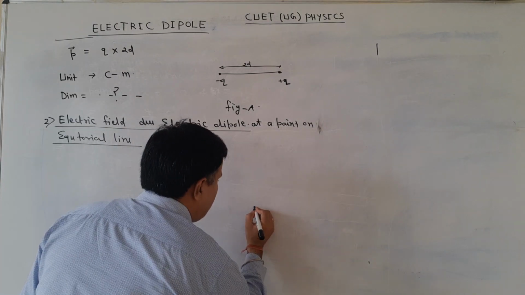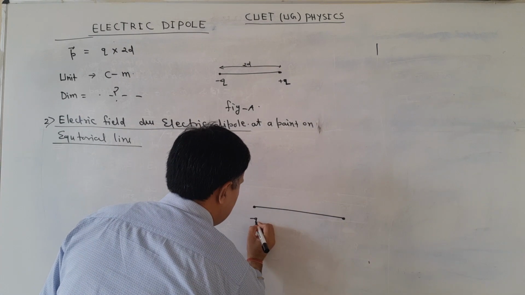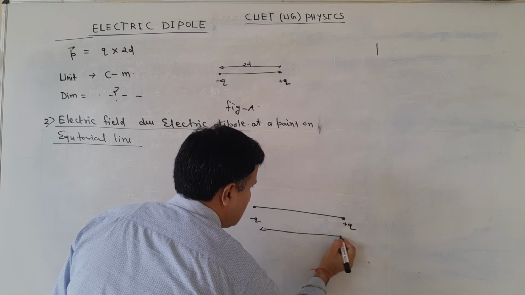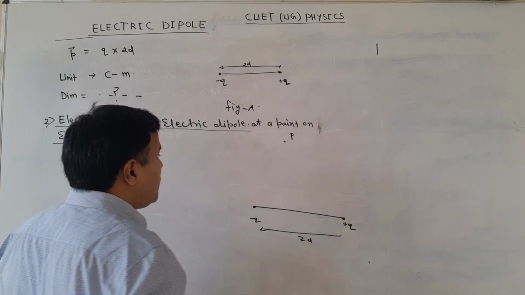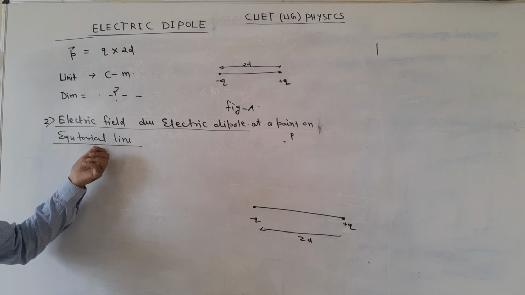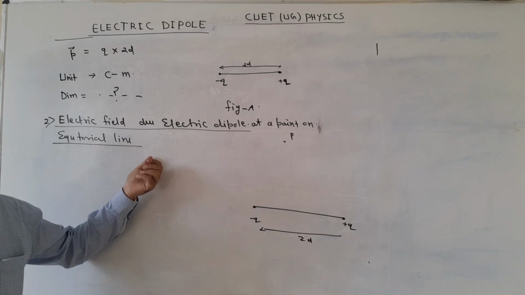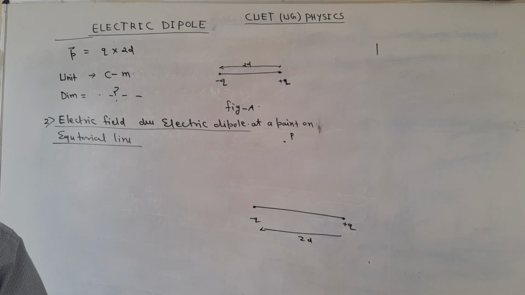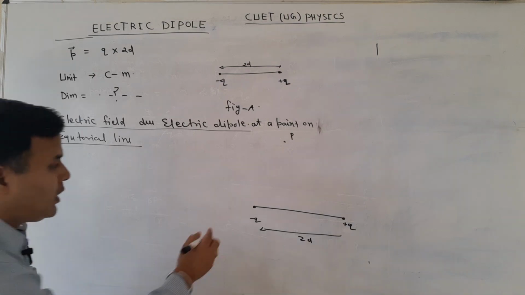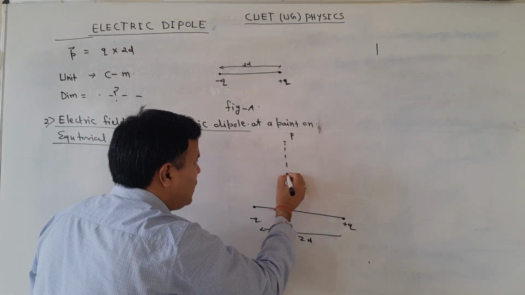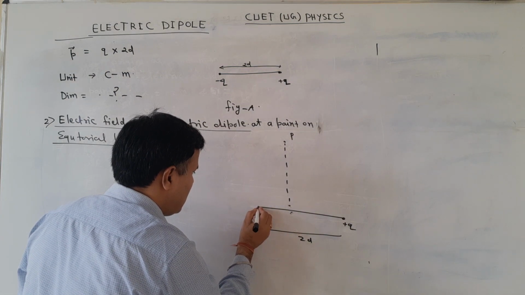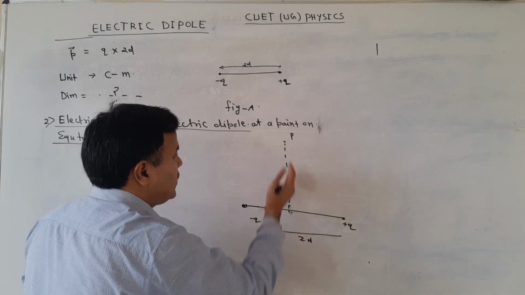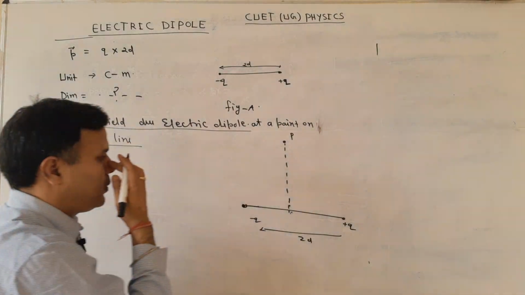Again we have an electric dipole. This is minus, this is plus q. Separation distance is 2d, and we will find out the electric field at equatorial line. Equatorial line is basically the perpendicular bisector of the line joining the charges, which divides this line equally. So this is equatorial line, and we want to find out the electric field at this point.